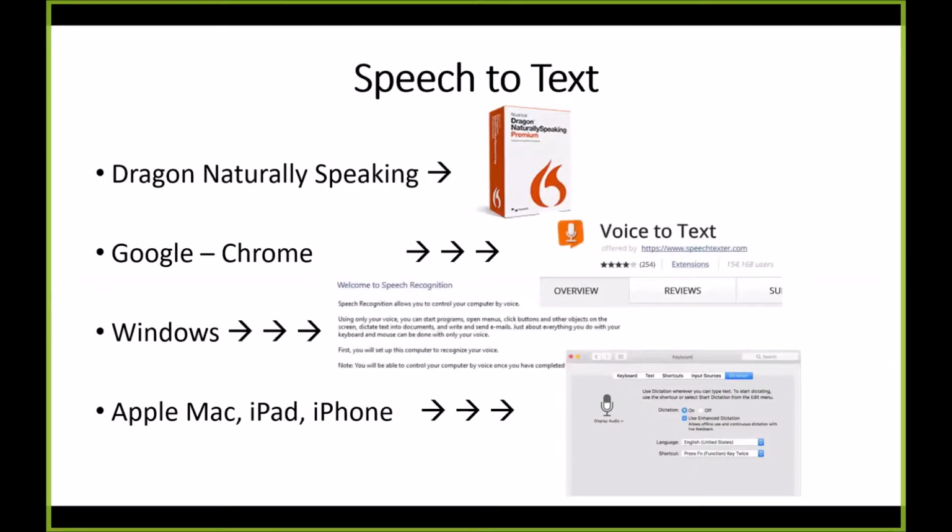So I mentioned speech to text. There's a lot of different avenues. Most of you are aware, I'm sure. Dragon NaturallySpeaking costs about $200. That's what I have. You also can use the Chrome browser. There's a plugin called Voice to Text. There's other plugins as well, but that's one that's available. Windows has speech recognition built in now. It didn't always, and Apple Mac has had speech recognition for years.